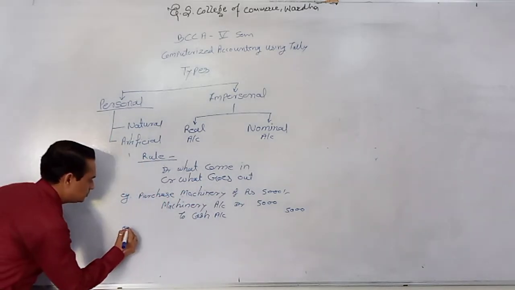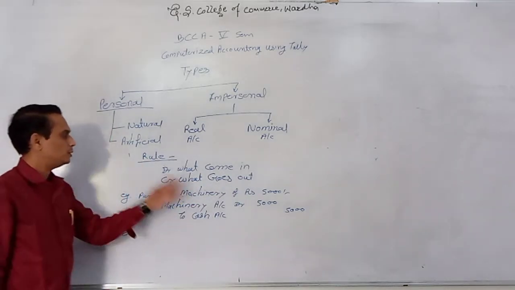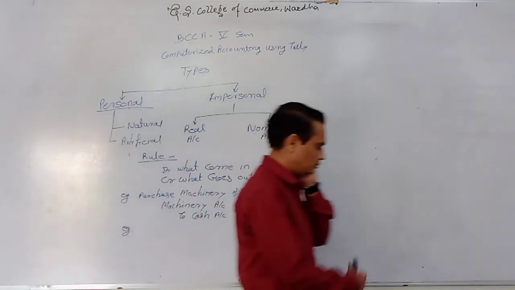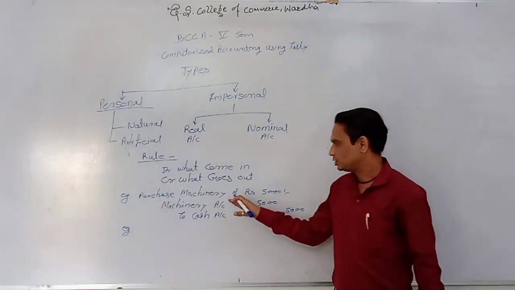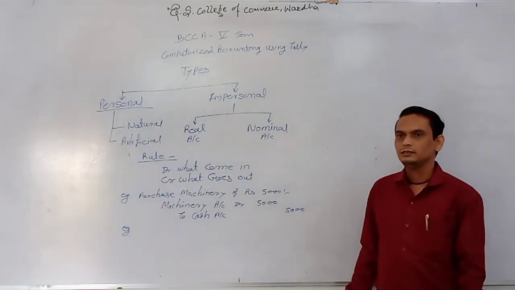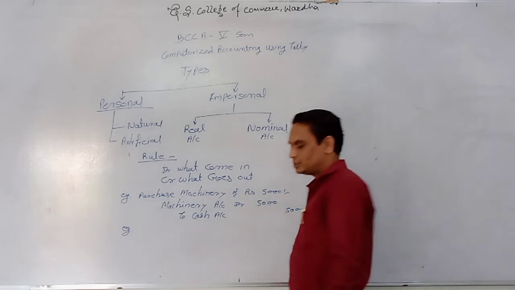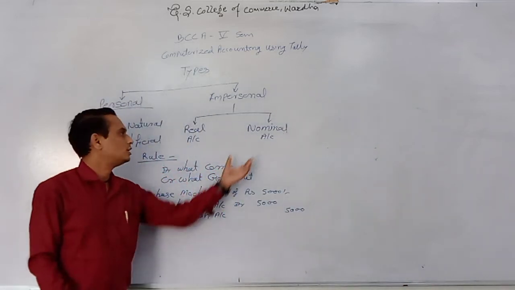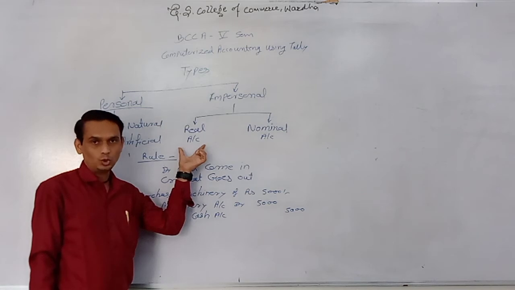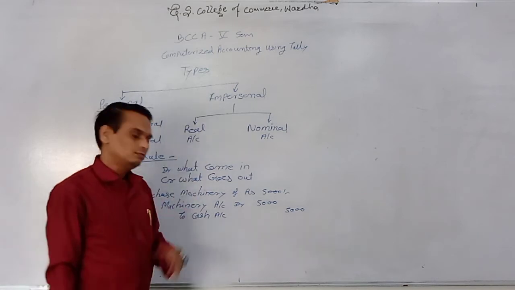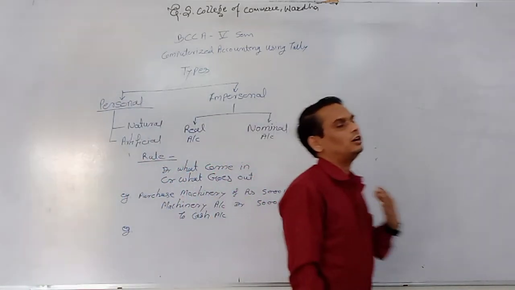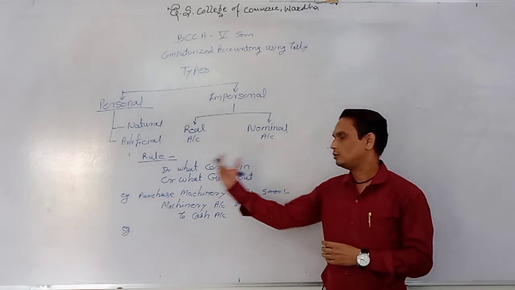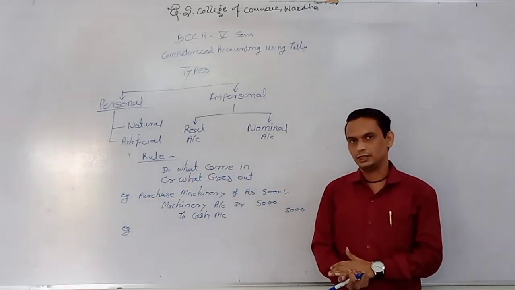Second example. Just like when we purchase a machinery, the machinery comes into the business, sometimes the machinery or scrap or any asset can be sold. That time the machinery or the asset goes out from our business.